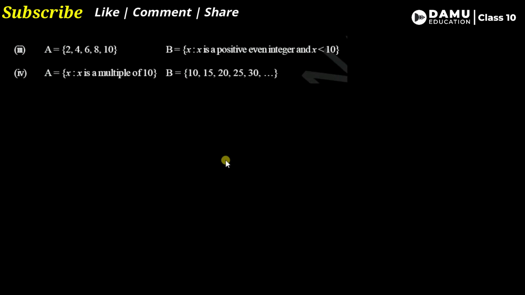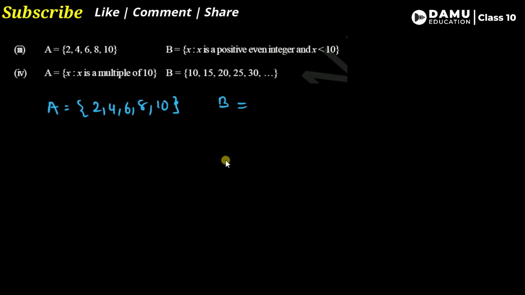Not equal. So like this we need to go. So here for A they have given 2, 4, 6, 8, 10. But B they have given in set builder form, and we have to write it in roster form. The set of all X such that, we should not pronounce the colon as it is, such that X is a positive even integer and X less than 10.